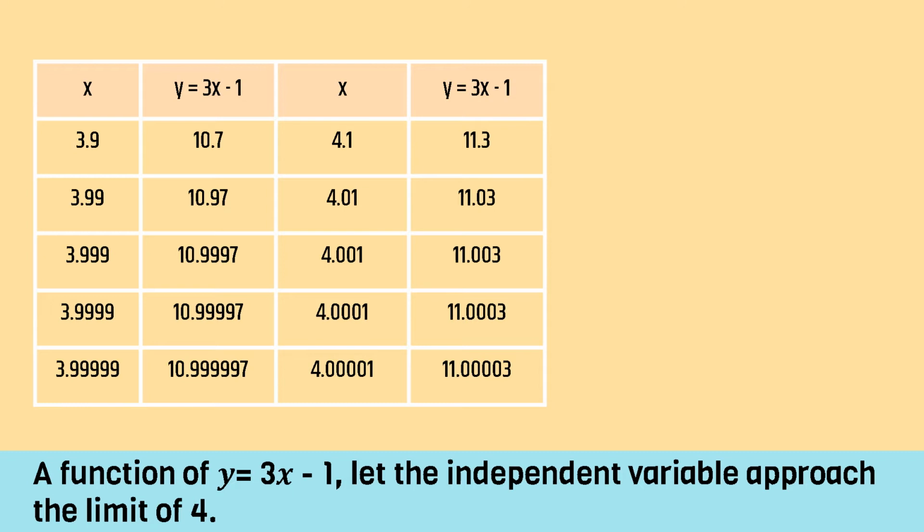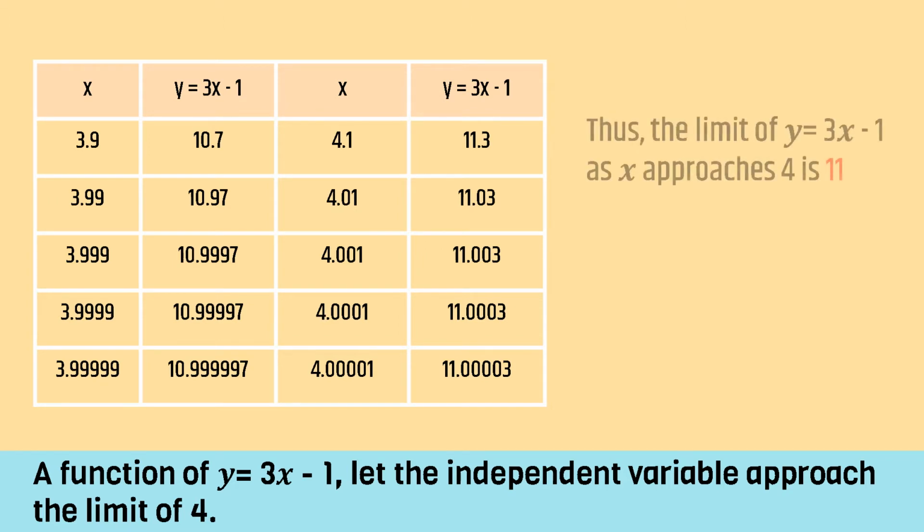Clearly, from both sides of 4, the value of y approaches 11. Therefore, the limit of the equation y is equal to 3x minus 1 as x approaches 4 is 11.